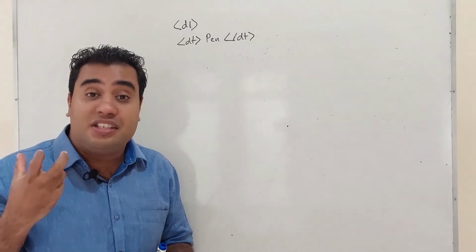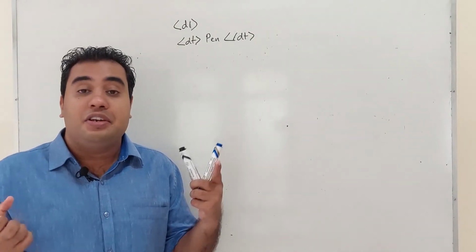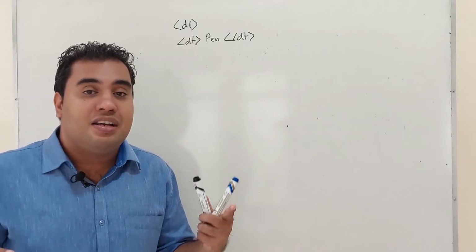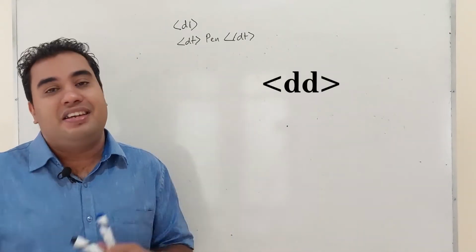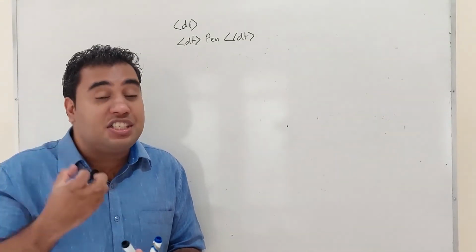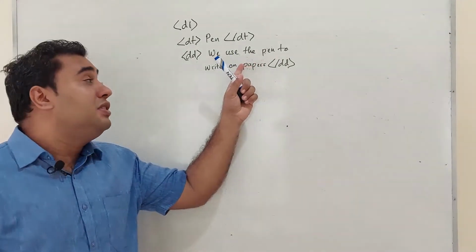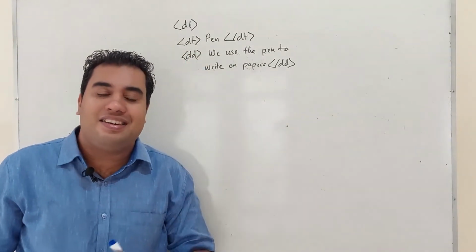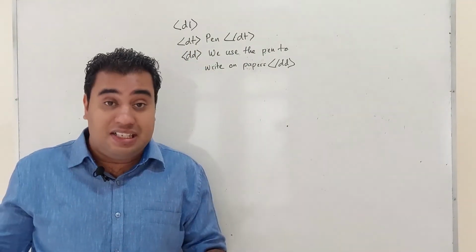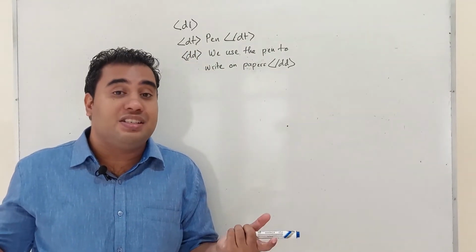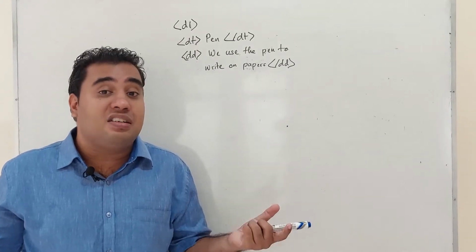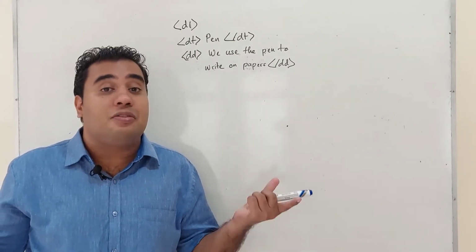Then to put the description, we have to use the tag DD. Just remember the word description. So that is how we use the tags DT and DD. At the end of the list, we have to close the definition list, using the closing tag of DL.